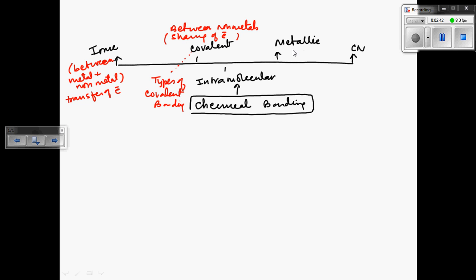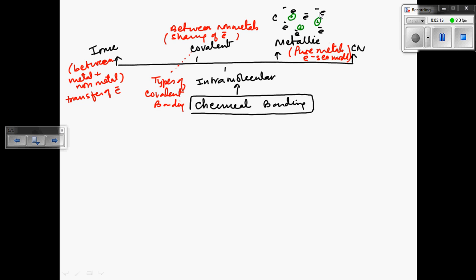But let's go here to metallic bonding. This type of bonding is present in pure metals, and this is called the electron sea model. An electron sea model of metals is where you have a bunch of positively charged nuclei that do not hold on very tight to their electrons. So electrons have the freedom to move about. So it almost seems like a sea of electrons is present with positively charged nuclei.